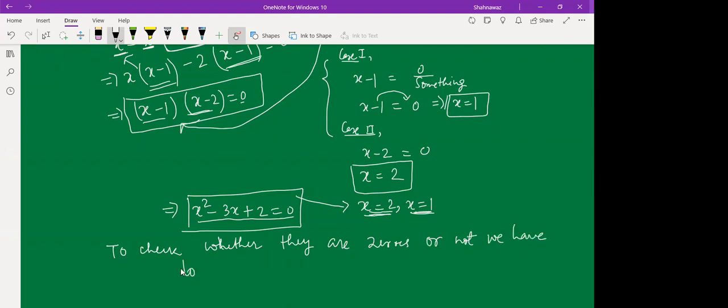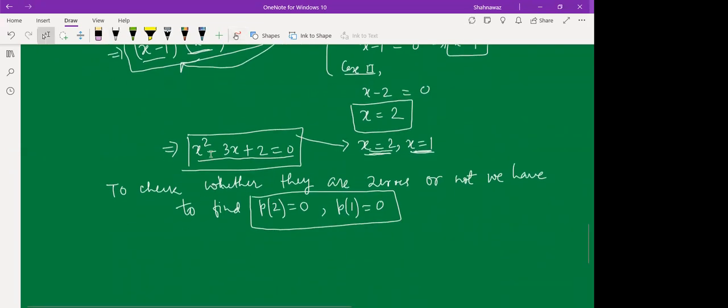We have to find P(2) equals to what? 0, right? And P(1) equals to what? 0, right? So this is how you prove that these are the zeros, right?